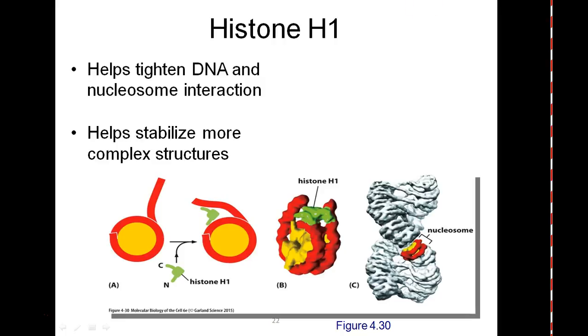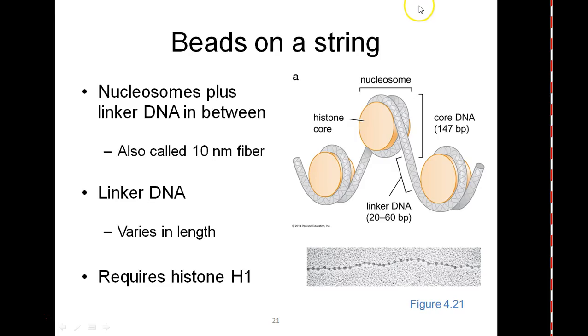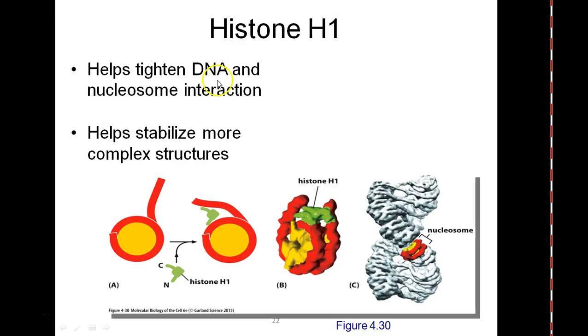We didn't talk about histone H1. Histone H1 is important when we have the beads on the string structure, and it helps with the further packaging of the beads on the string, so it helps tighten DNA where it binds. Here we have histone H1 shown in green.